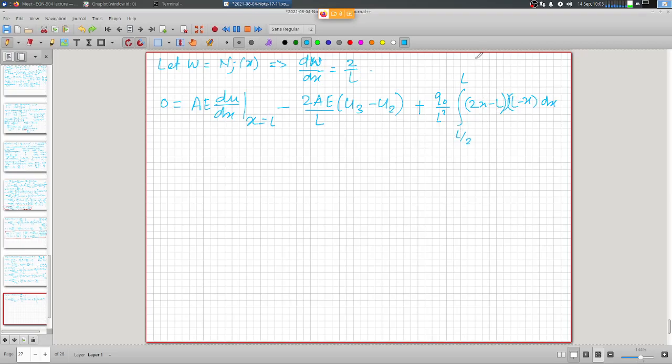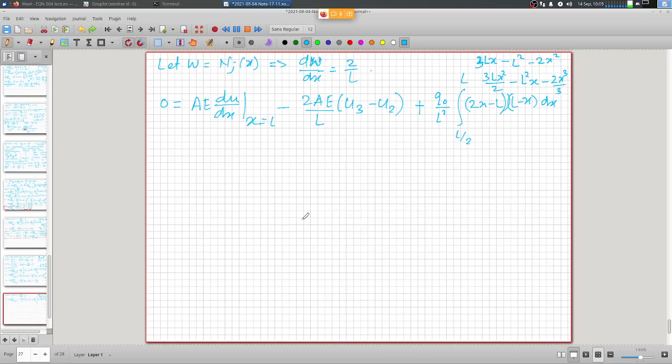So this is equal to twice Lx minus L squared minus twice x squared plus Lx. So this would be 3Lx, and its integral is going to be 3Lx squared by 2 minus L squared x minus 2 x cubed by 3.